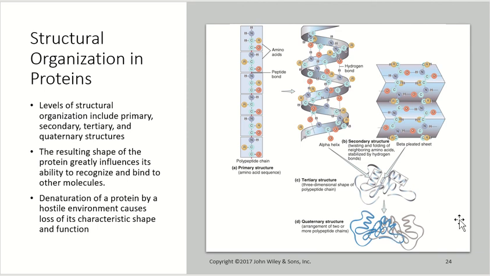So if for some reason we added a large amount of heat, this would cause our quaternary, our tertiary, and our secondary structure to change. It would unravel, or it would form different bonds, and functionally that would cause a huge shift in what that protein was able to do.